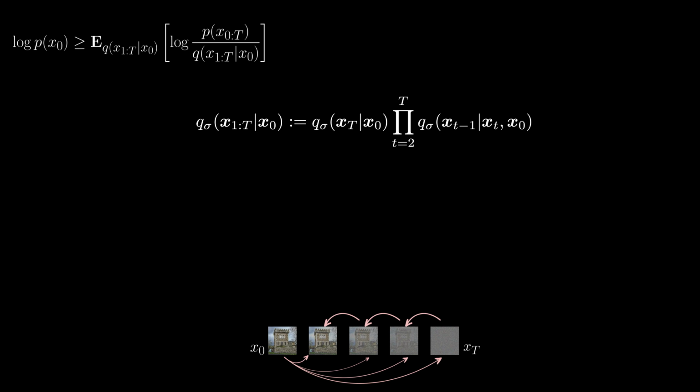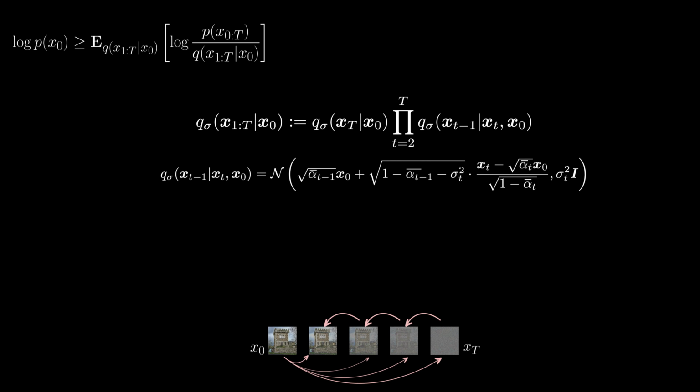The authors formulate the mean of q sigma of xt minus 1 conditioned on xt and x0 as this, and also have q sigma of xt given x0 as this. So same as the formulation of distribution of last time step in DDPM.